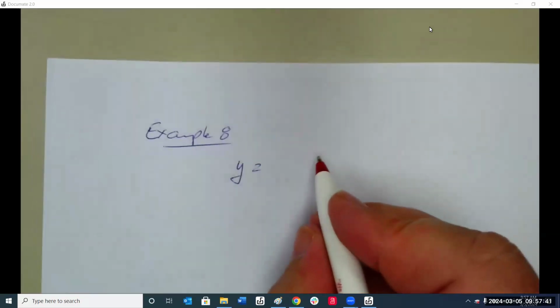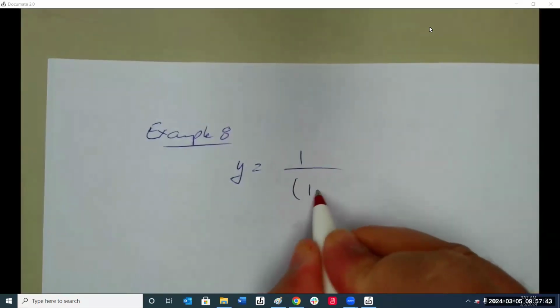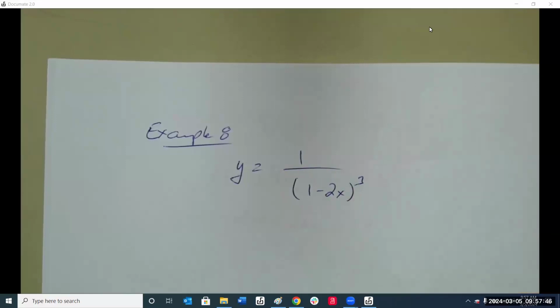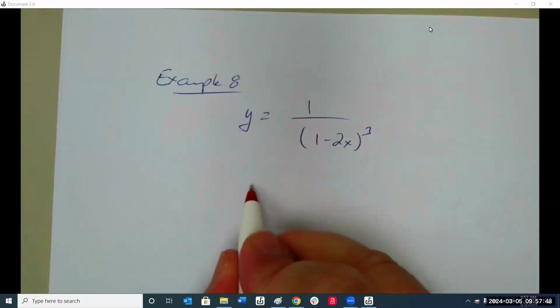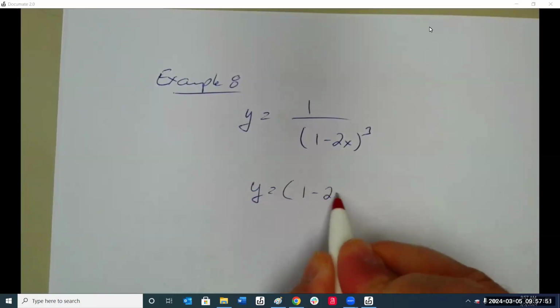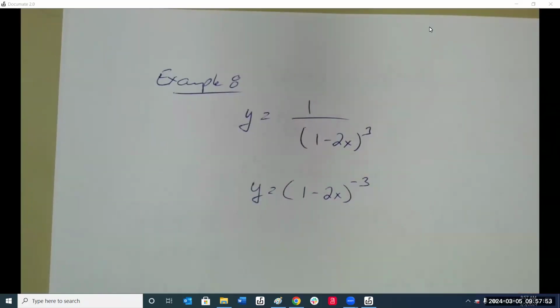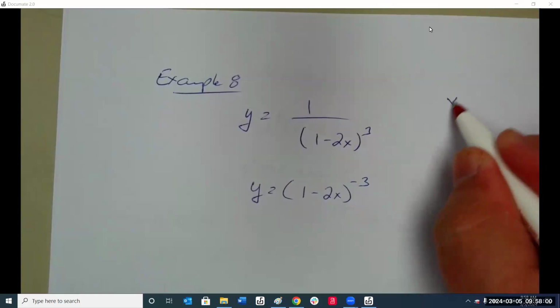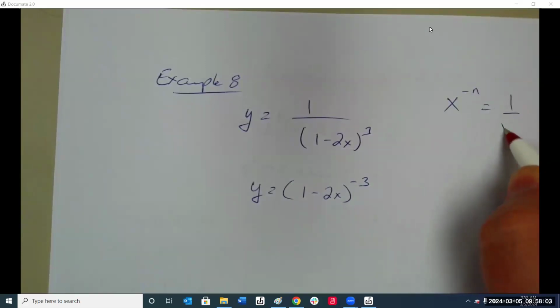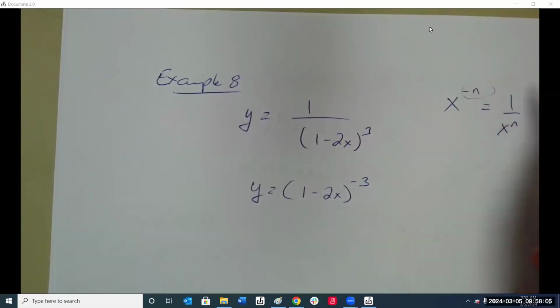And in example 8, I'll just set it up for you. You had y equals 1 over (1 minus 2x) cubed. How would you rewrite that so we have a power? It'd be 1/3 if it was a cube root. Since it's on the bottom, the rule we have in exponents is, if you ever have a negative exponent, you just simply change the location of it. If it's on the bottom, we move it to the top.